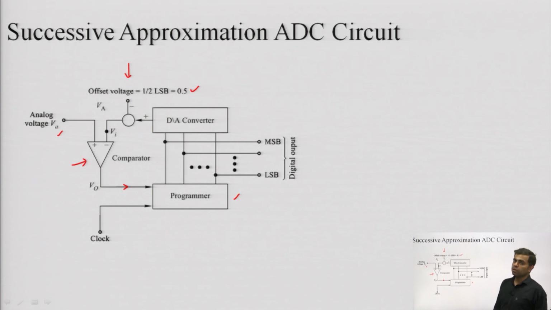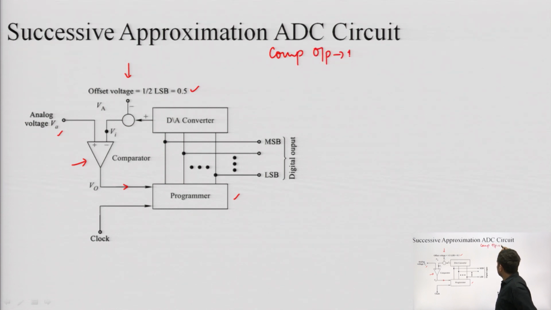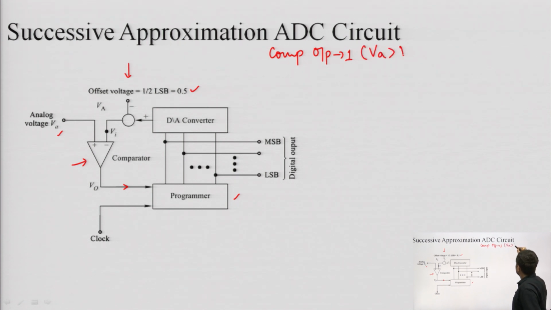Depending on the comparator value, if the comparator output is 1, it means analog input VA is greater than VDAC.